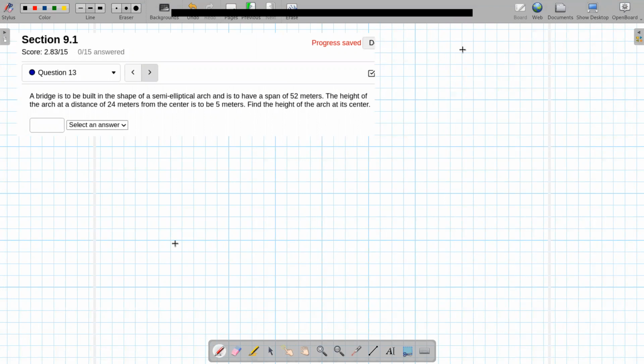So 52 meters across. So let's draw ground level here. And then if the total span is 52, half of that would be 26, which would be the semi-major axis. So let's go 5, 10, 15, 20, 25, 30.